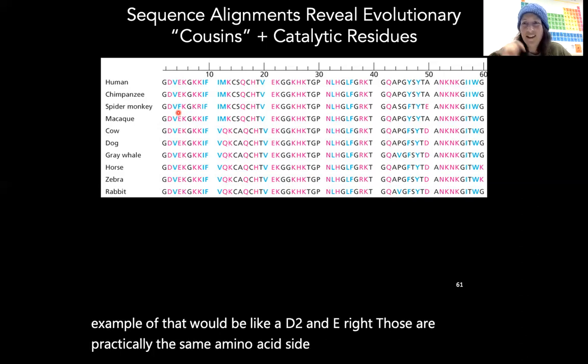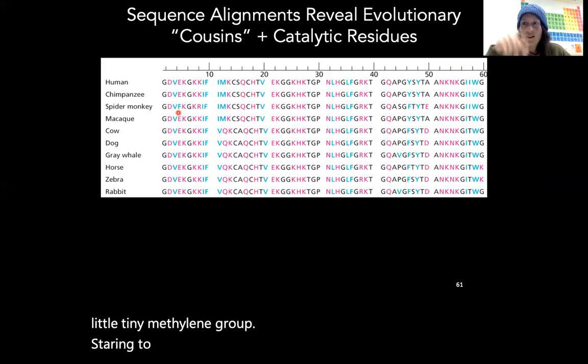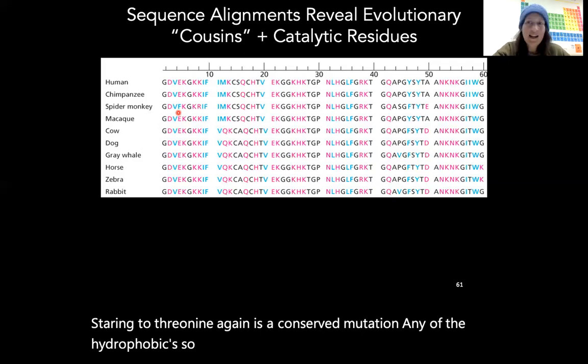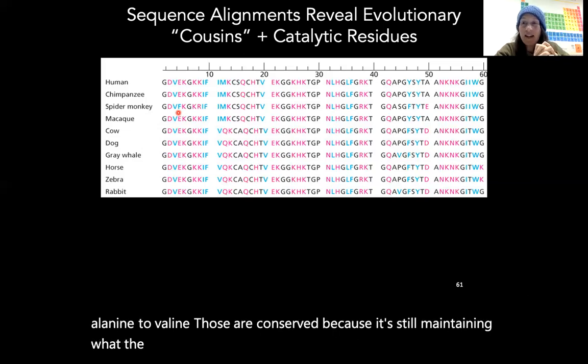They just differ in one little tiny methylene group. Serine to threonine, again, is a conserved mutation. Any of the hydrophobics, so valine to leucine or valine to isoleucine or alanine to valine, those are conserved because it's still maintaining the functionality of that side chain. So those are considered conserved.